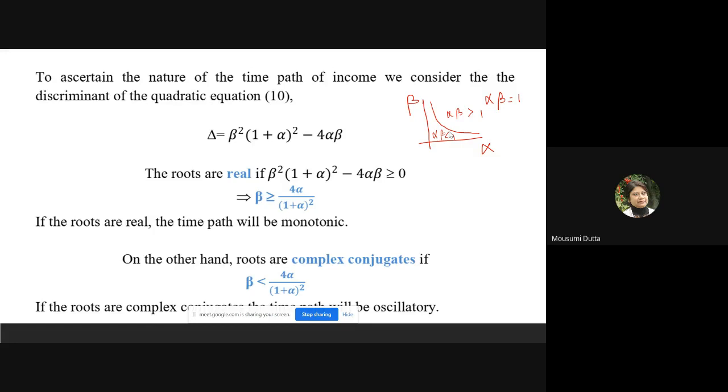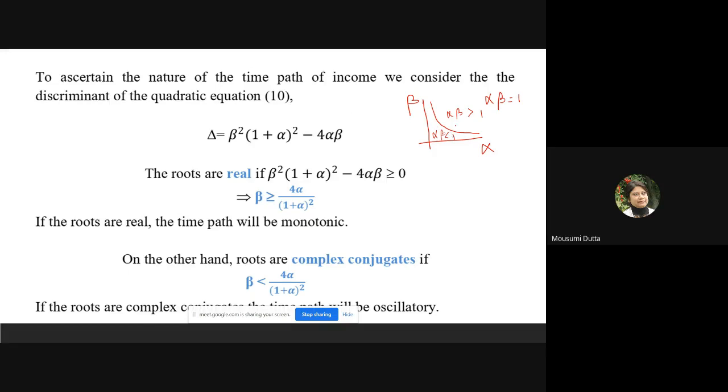If alpha beta is less than 1, it is satisfying the stability or stationarity condition, and for that matter, the time path will be convergent. On the other hand, if I get something above this boundary, in that case, the time path will be divergent in nature.